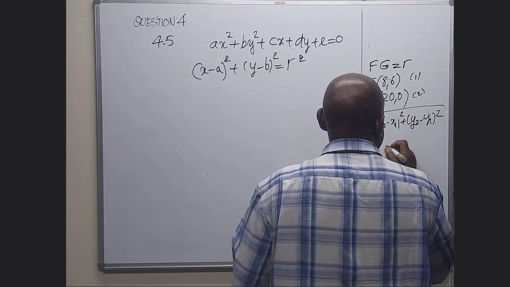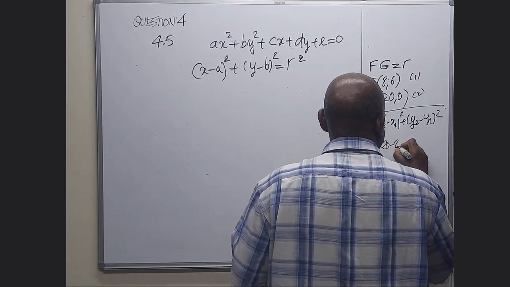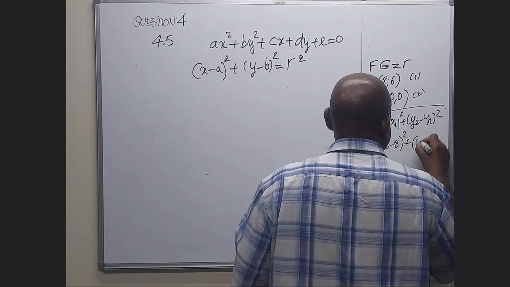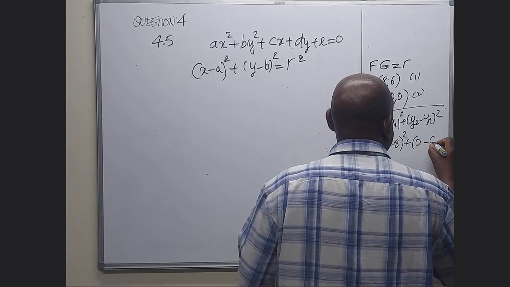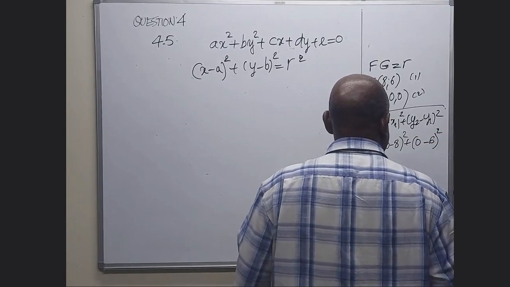So we'll be having (20 minus 8) squared plus (0 minus 6) squared.